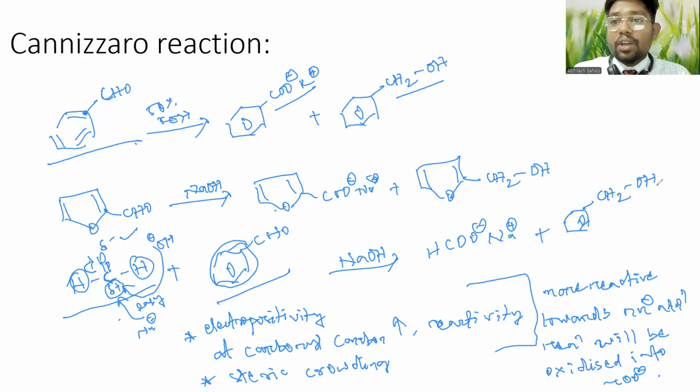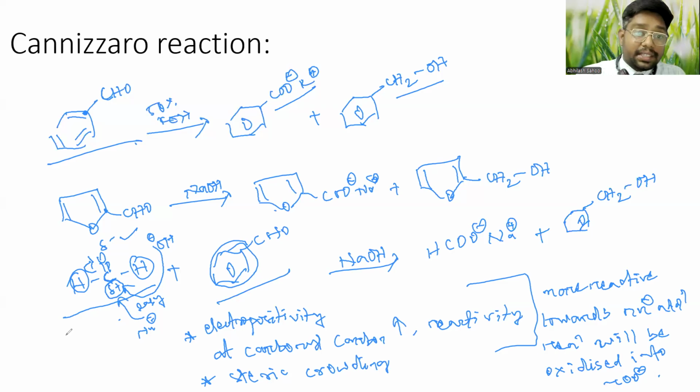Got it? So in the case of crossed Cannizzaro reaction, the one more reactive towards nucleophilic addition reaction undergoes oxidation, and the other undergoes reduction. So now it is so easy to find the product.